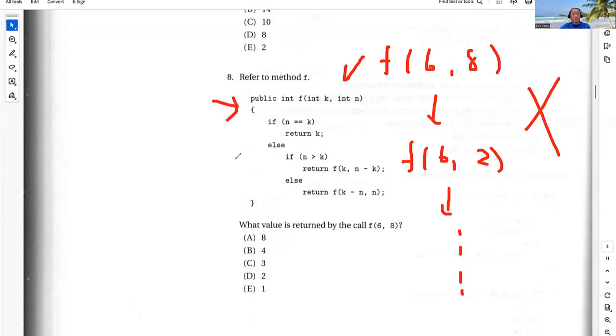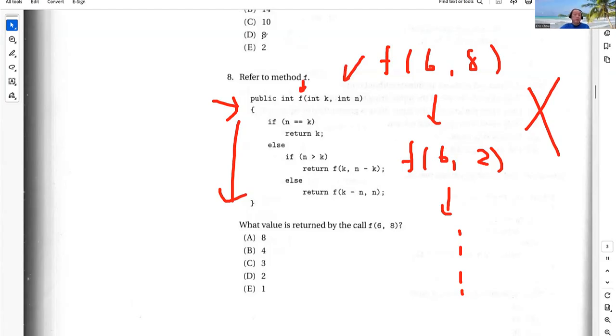So you read this problem, what happened to this function? What is it doing? So overall, what did this f function really do?